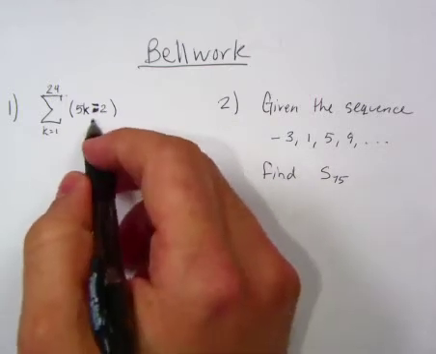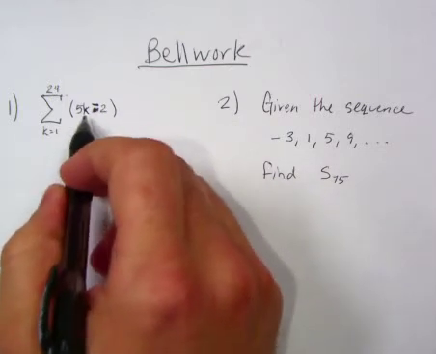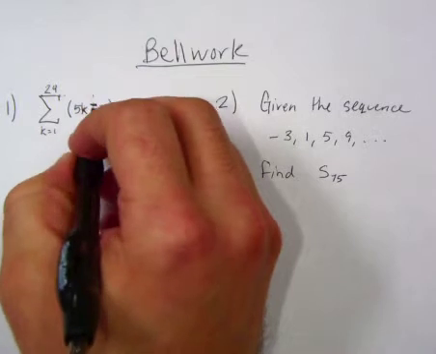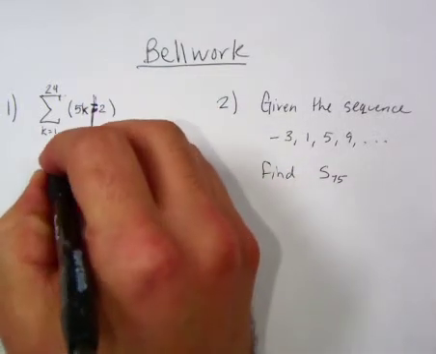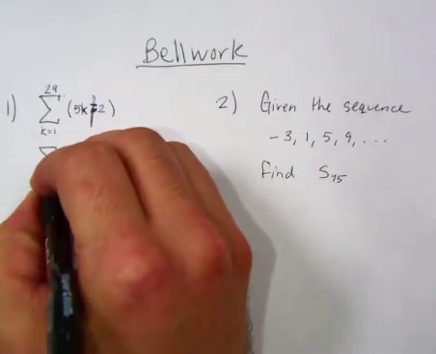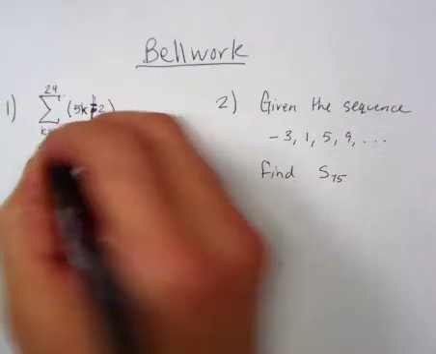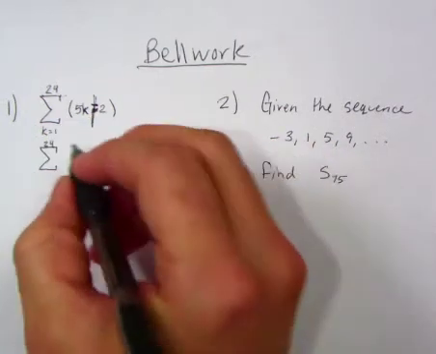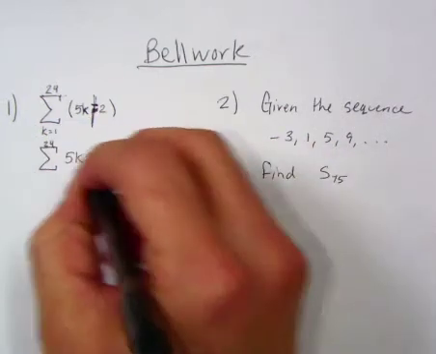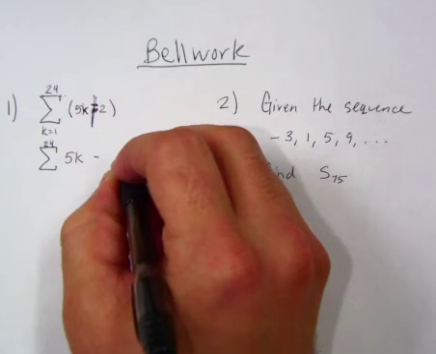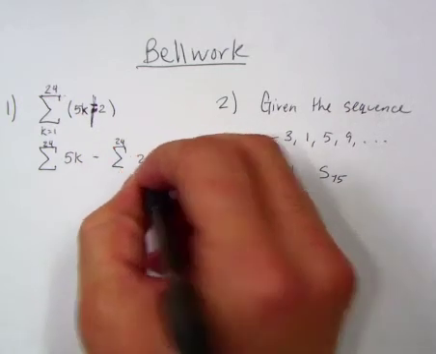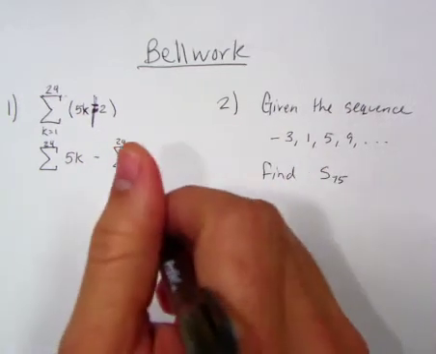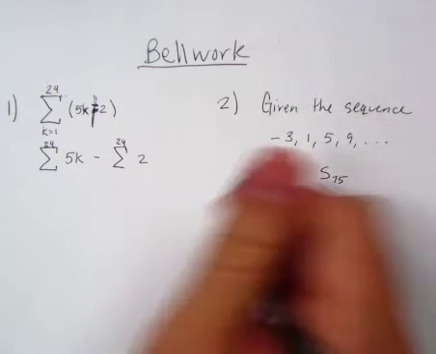So remember what we do here when you have multiple terms in a sum, you have to actually split this so that you have the sum of 5k minus the sum of the term 2.